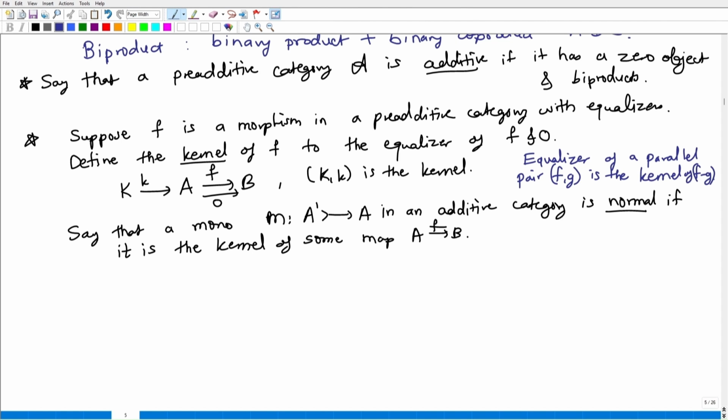Another simple thing that you can prove is that if the kernel of f is 0, then f is monic. Can you prove that? How do you show something is monic?